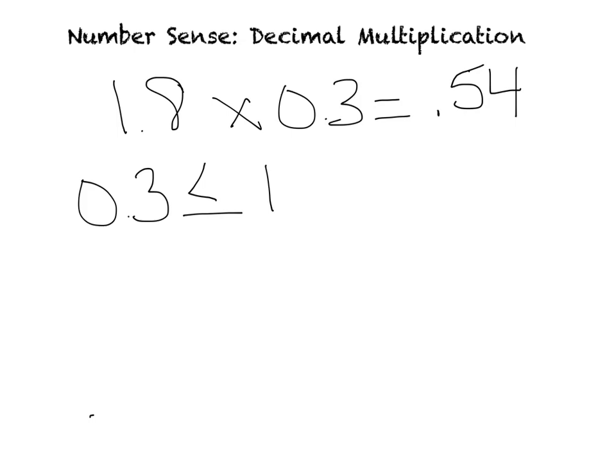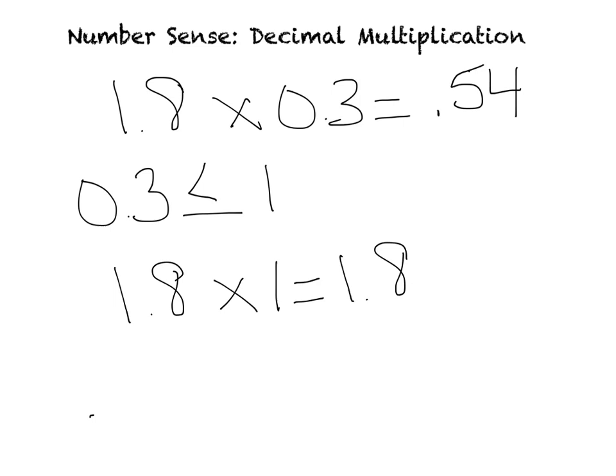So I know that 3 tenths is less than 1. Based on that thinking alone, I know that my answer here has to be less than my factor here. Think about it. If I was going to multiply 1 and 8 tenths times 1, that's going to equal 1 and 8 tenths, right? I know anything multiplied by 1 is going to be itself.